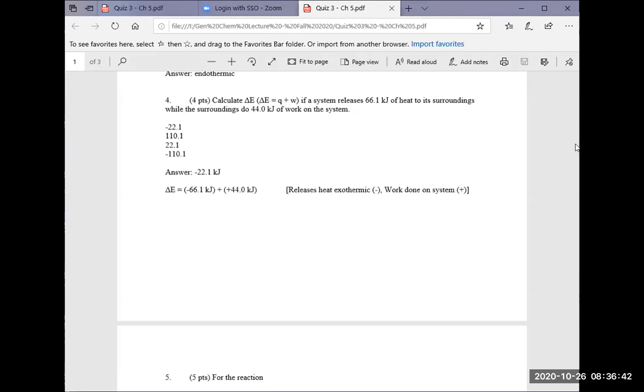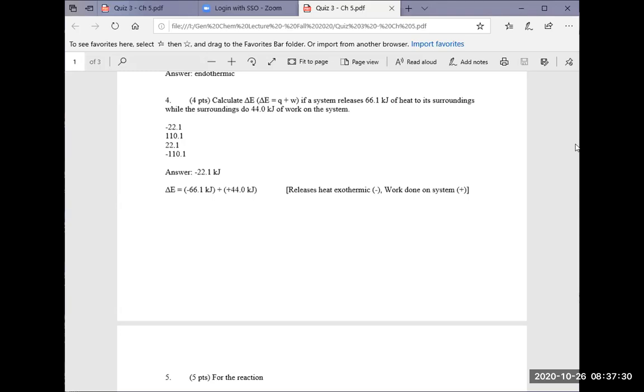The key was that if the system releases heat to its surroundings, that's exothermic, so the sign would be negative. If work is being done on the system, that's endothermic, so the sign would be positive. So delta E equals minus 66.1 plus positive 44.0 kilojoules, and the answer was minus 22.1.